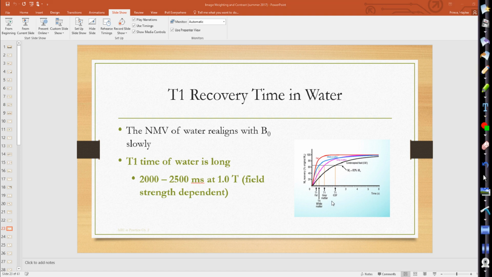So we could type down under here CSF, 2,000 to 2,500 milliseconds under CSF. Okay? And you see how that curve takes longer to get to 63%.